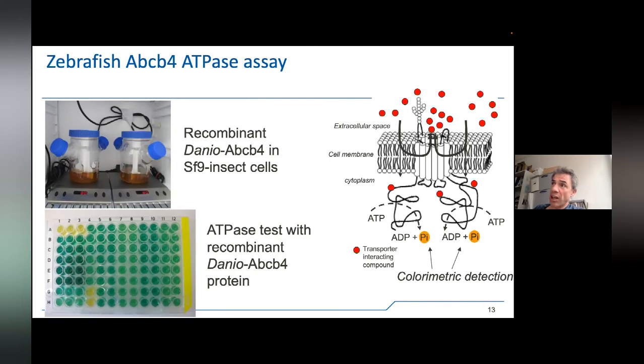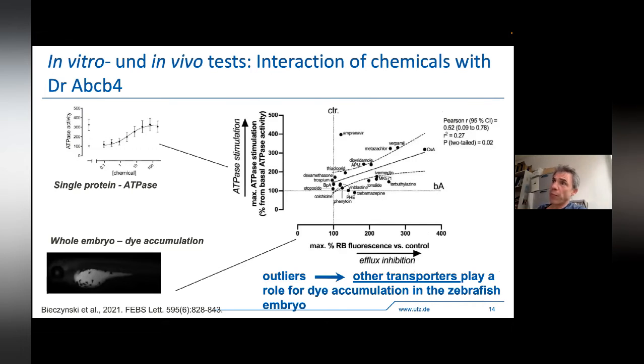And in parallel, we performed ATPase assays with recombinant zebrafish ABCB4 protein. And the principle is that when a compound interacts with a transporter, ATPase activity is stimulated and phosphate is released from ATP cleavage, and you can quantify that, measure it. And we looked for correlation. So we tested a number of chemicals and looked for correlation of the results.